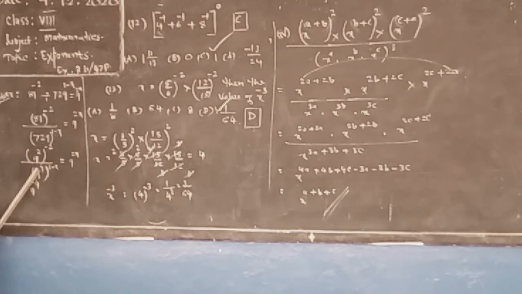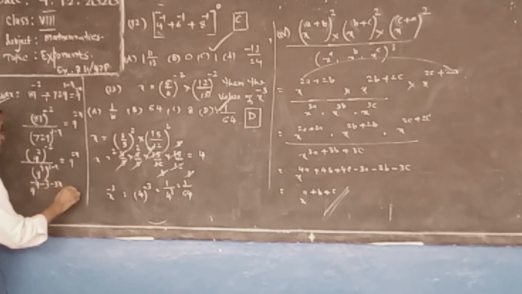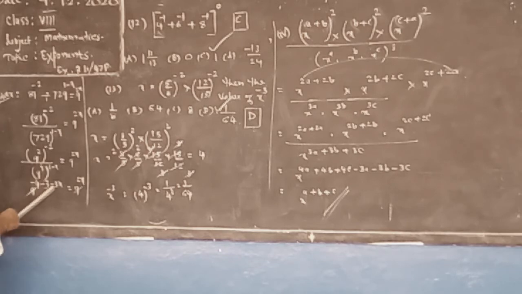Now, according to the quotient law, this becomes minus 4 minus 3 plus 3x, that is minus 7 plus 3x, is equal to 9 power 2x. Now the bases are the same, we can cancel. Now minus 7 plus 3x is equal to 2x. Plus 3x goes to the other side as minus 3x.